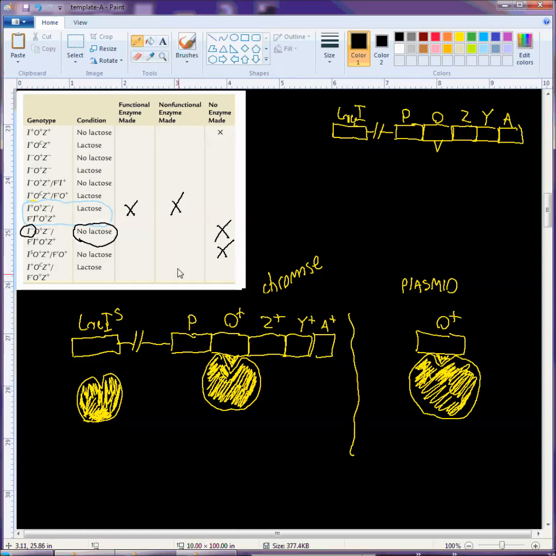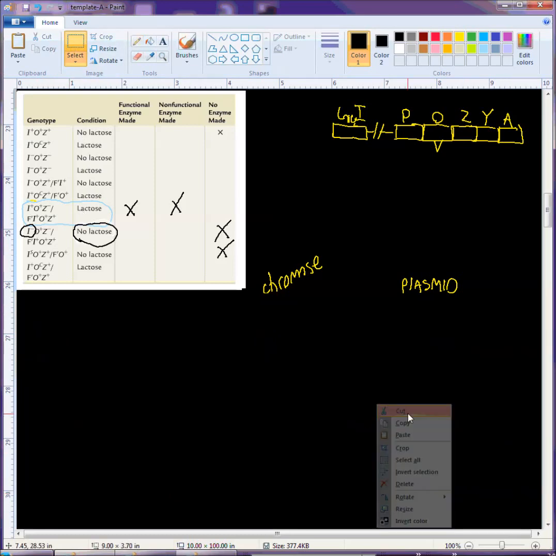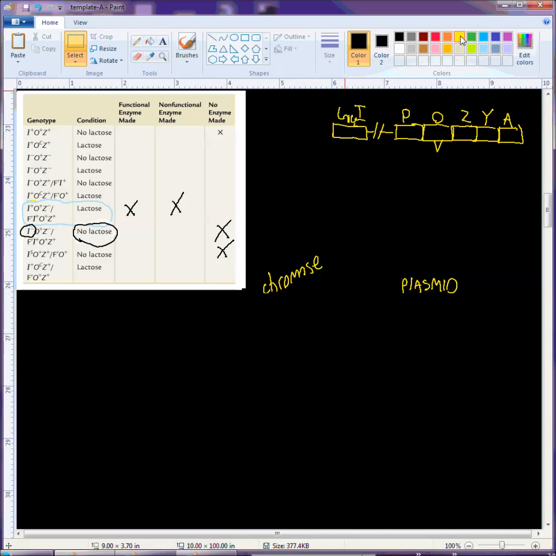Okay, for the last one here, hope it's an easy one. Let us cut this stuff away again, because I think that is easiest for me. It takes a bit longer, but it is easiest, I think. So diagramming this operon again.